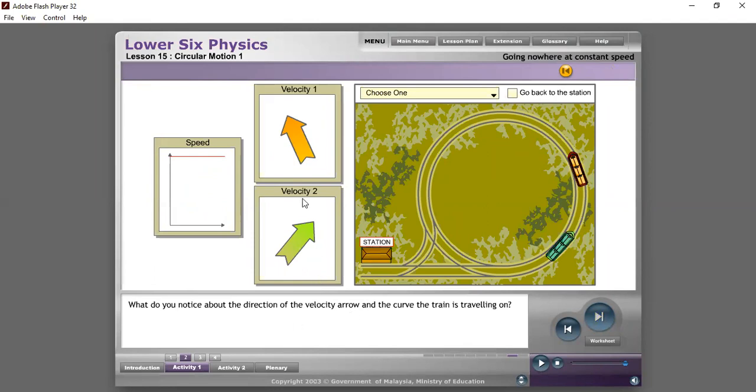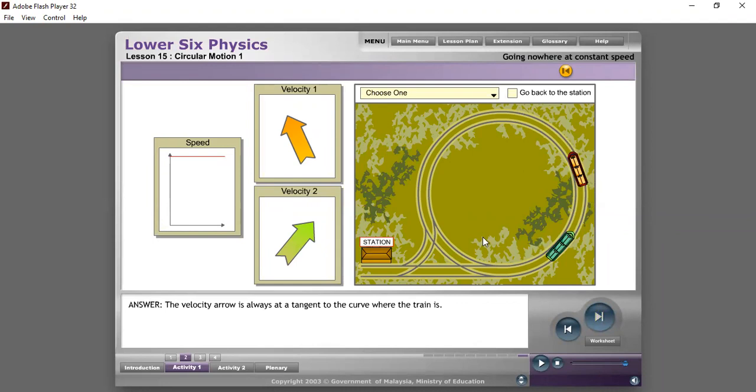Different position, different location, different direction. Answer: the velocity arrow is always at a tangent to the curve where the train is.